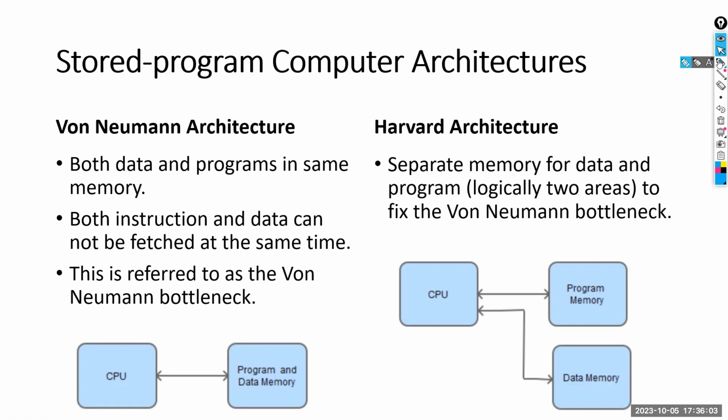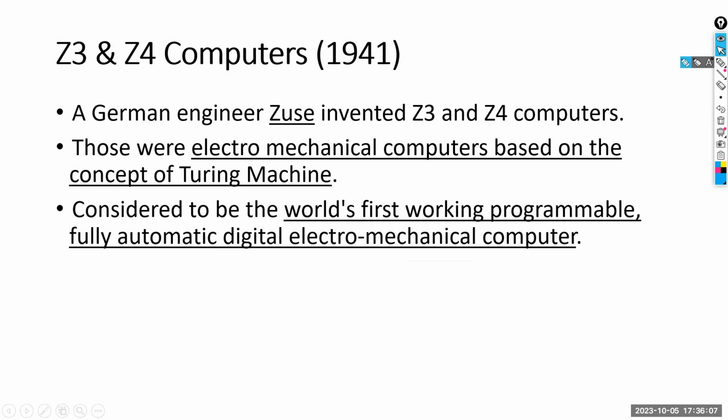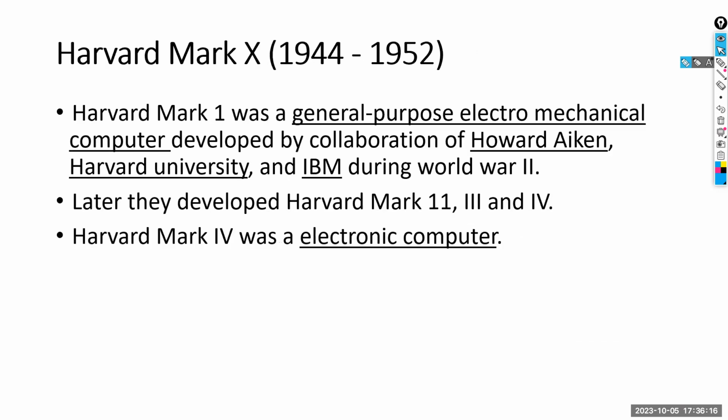And then we discussed the Zuse computers, Z3 and Z4, the electromechanical computers. And then the Harvard Mark series from the USA. Just remember that the Zuse computers are from Germany, and the Harvard Mark computer series comes from the USA. And the Harvard Mark IV computer was an electronic computer.